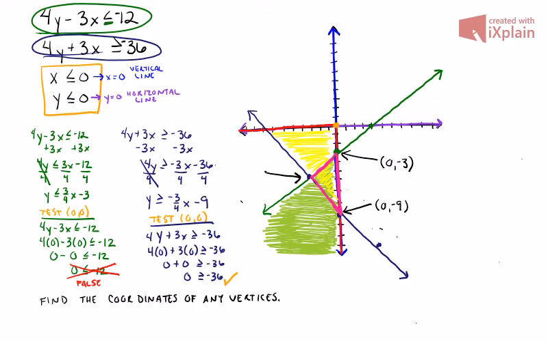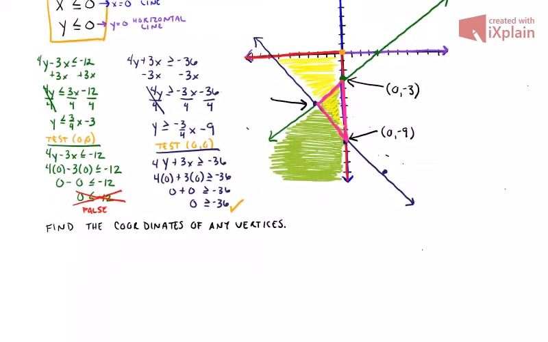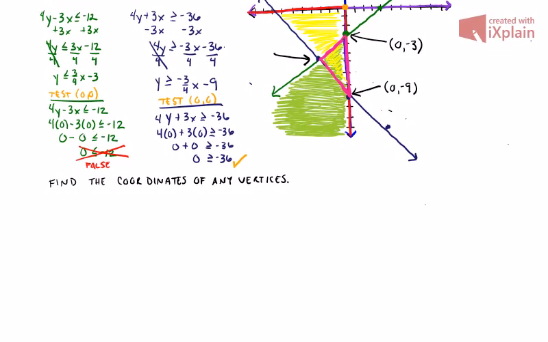So I'm going to scoot this up just a little bit so I have some space to work. This is the intersection of your two lines. So of your navy blue line, 4y plus 3x is less than or equal to -36. And then your green line of 4y minus 3x is less than or equal to -12. If you notice, we're looking for a point of intersection.